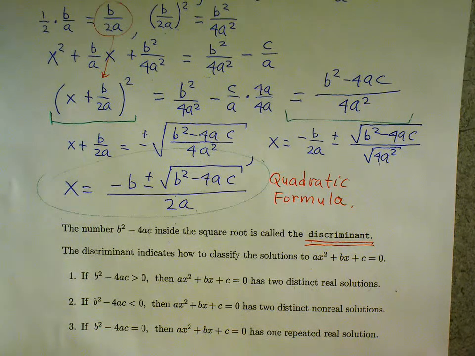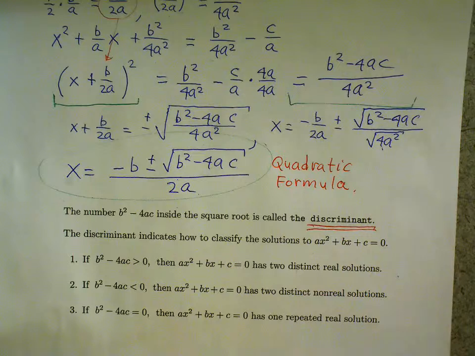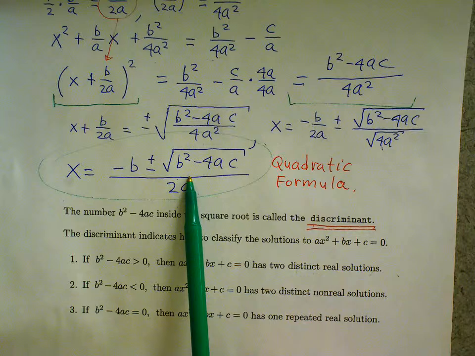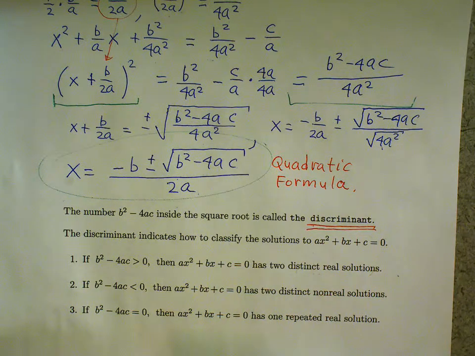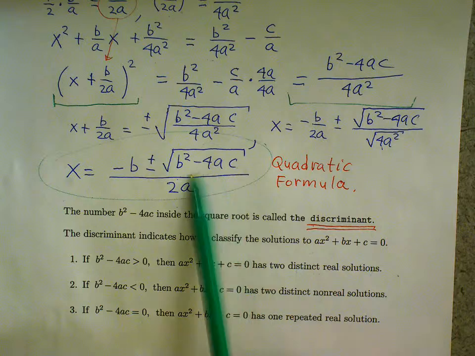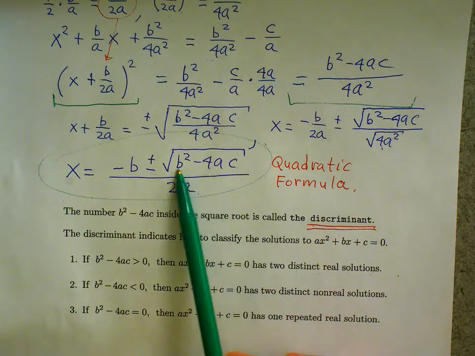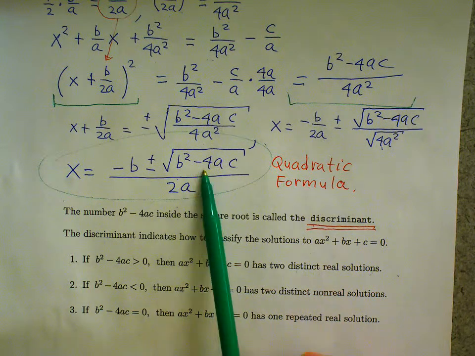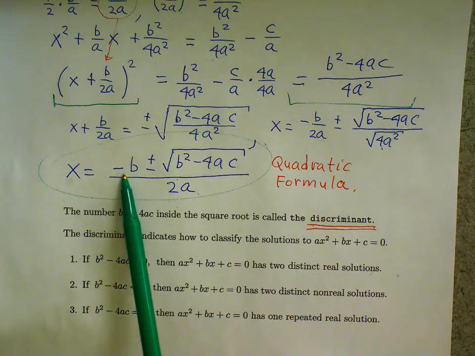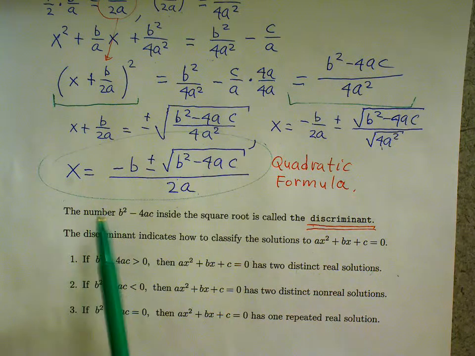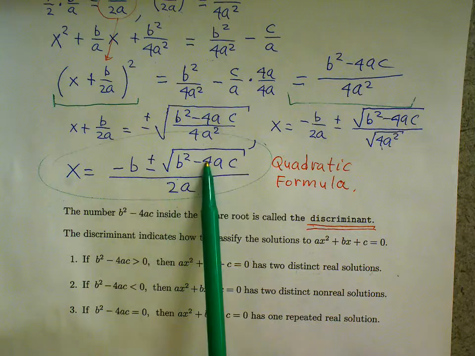And then the third possibility, if the discriminant is 0, well, if you analyze the formula, it reveals what to expect. If the discriminant is 0, the square root of 0 is 0. And note that negative b plus 0 is the same number as negative b minus 0.